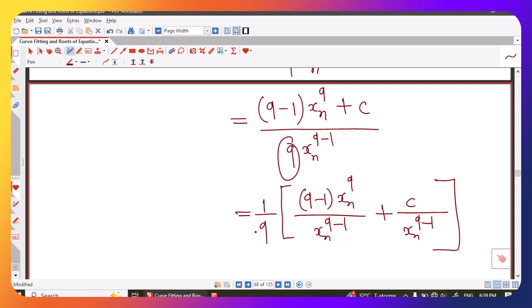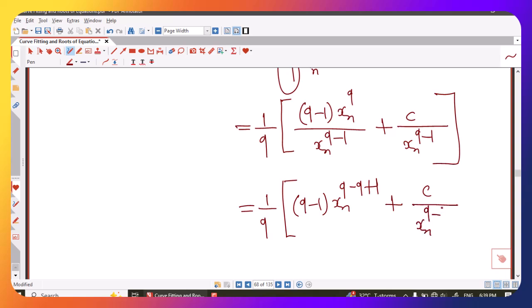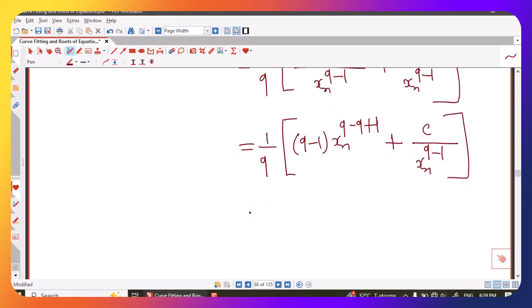This q we have taken outside this bracket, and we can again rewrite this as 1 by q times q minus 1 times xn to the power q minus 1, that is minus q plus 1, and we keep this as it is, c divided by xn to the power q minus 1, and this we can again rewrite as q minus 1.